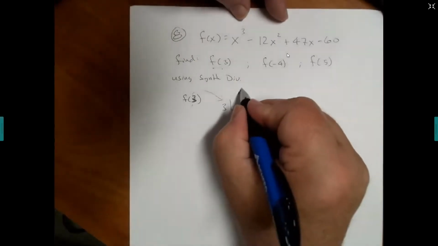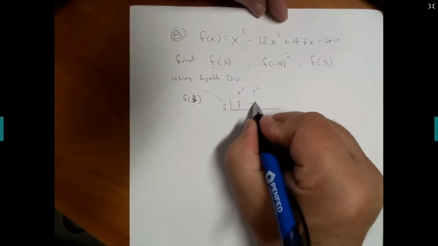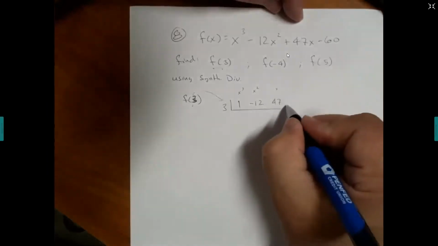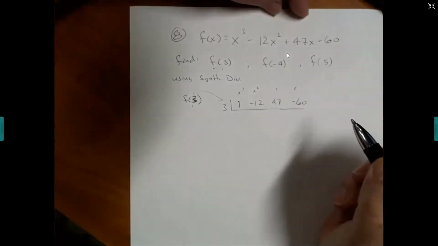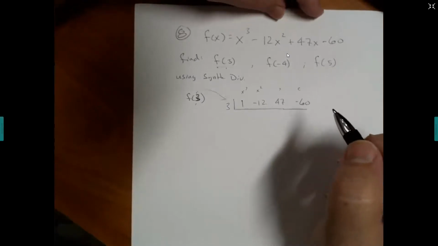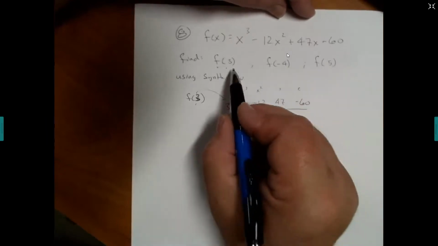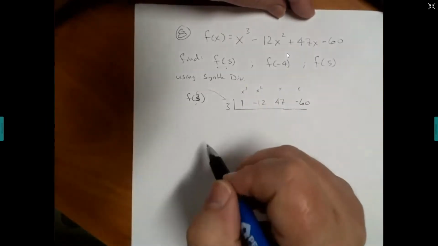Here's my x cubed, coefficient 1. X squared, it's -12. X is 47. And the constant is -60. The rest of it is the same. If I give it to you inside the function, the D is already given to you.